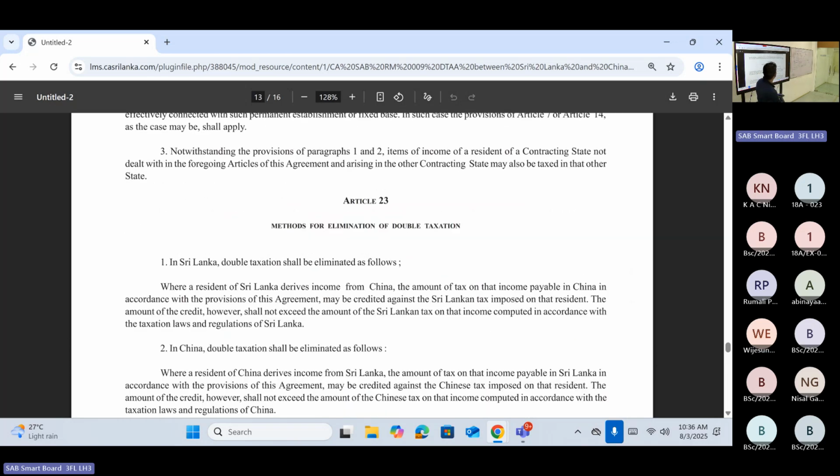So, the method for elimination of double taxation, Sri Lanka-China. In Sri Lanka, double tax shall be eliminated as follows.